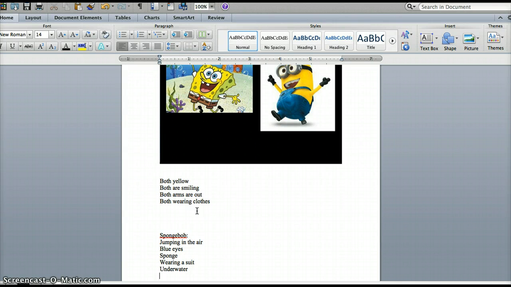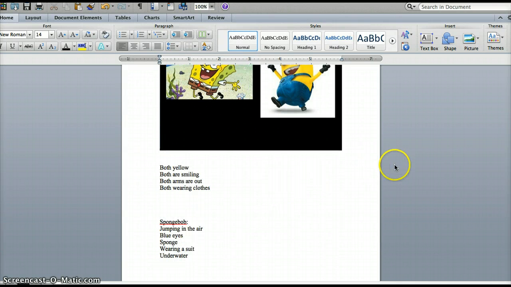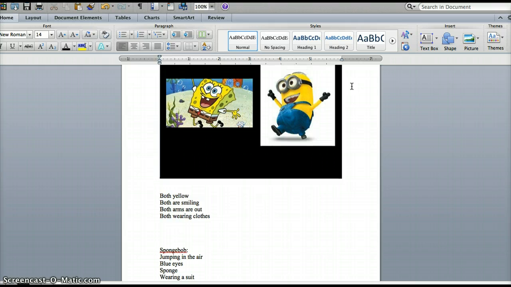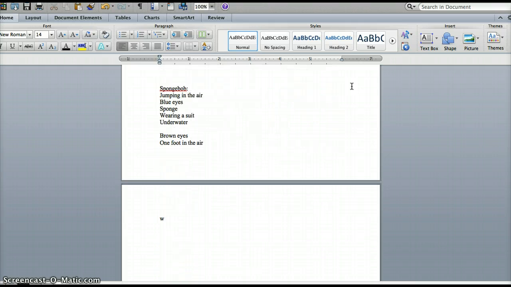So now let's look at the minion. So the minion has brown eyes, one foot in the air. He is wearing gloves and he is wearing overalls.